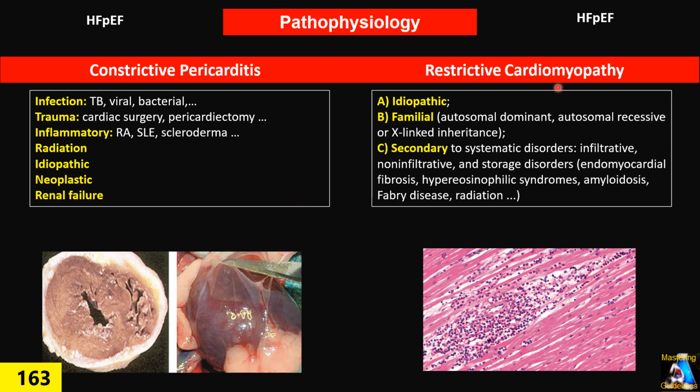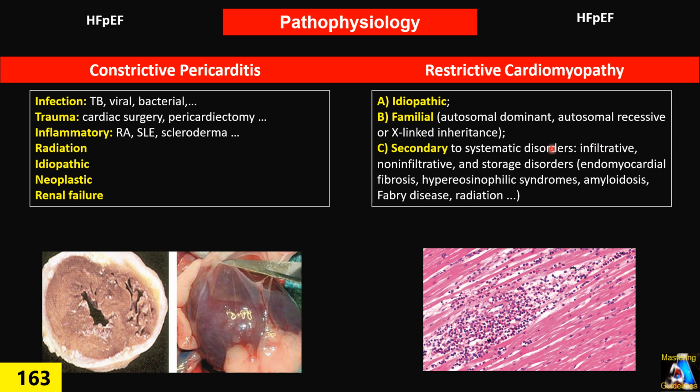The causes of restrictive cardiomyopathy can be divided into three categories: idiopathic, familial, that is genetic, and secondary. Most of the cases are secondary, which can itself be divided into three categories: infiltrative, non-infiltrative, and storage. At the top of them, endomyocardial fibrosis, hypereosinophilic syndrome, and amyloidosis are the most common causes of secondary restrictive cardiomyopathy.